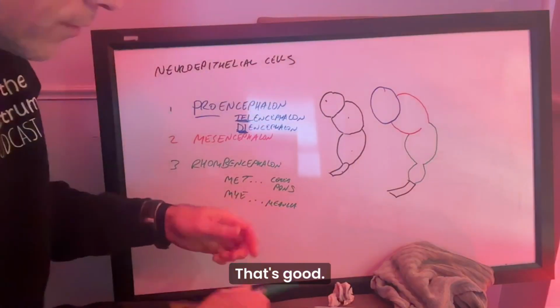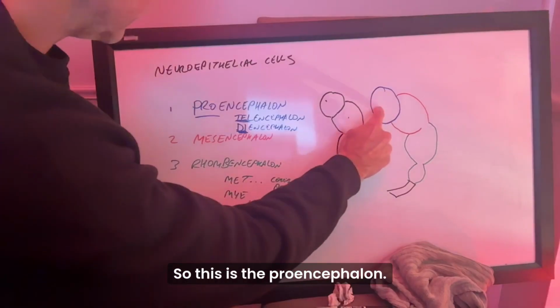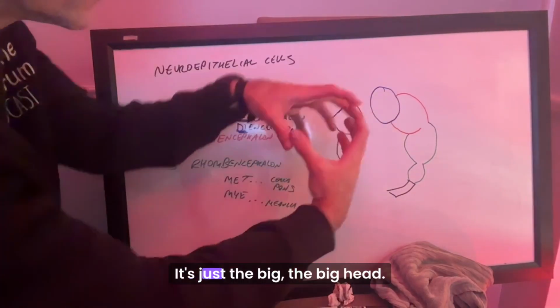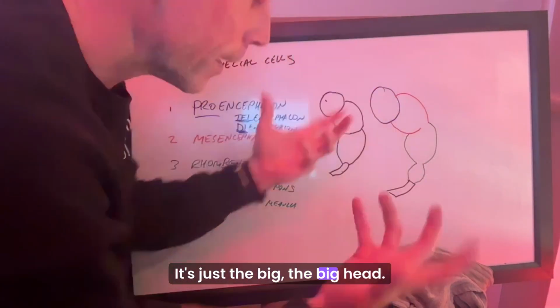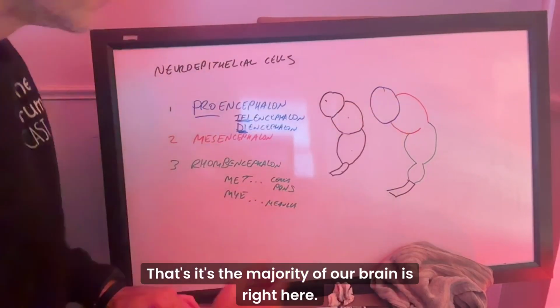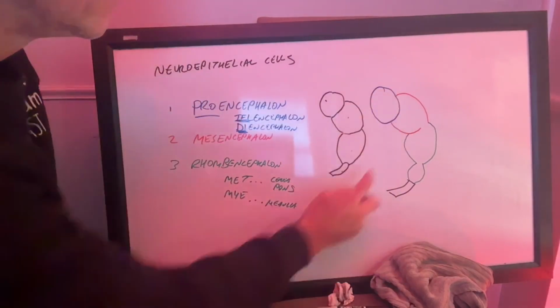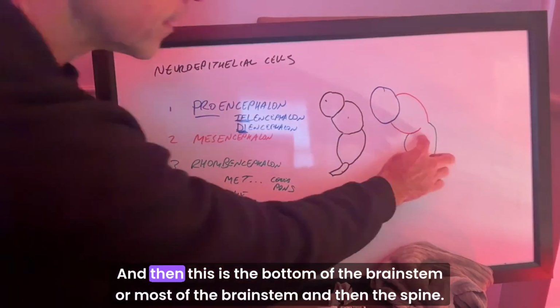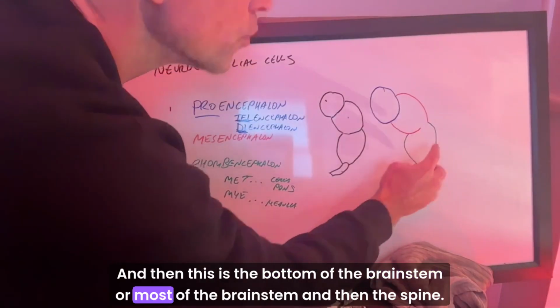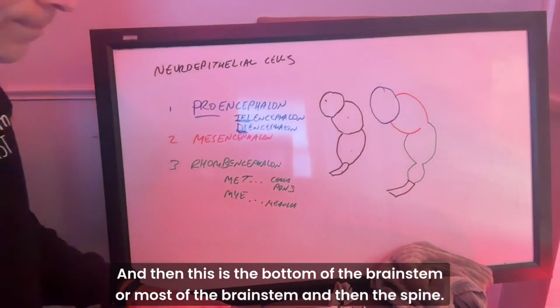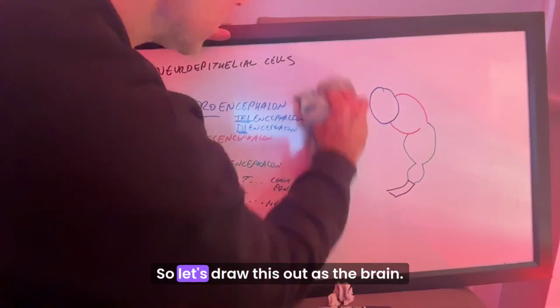So this is the proencephalon, it's just the big head. The majority of our brain is right here. This is the smallest part, and then this is the bottom of the brainstem, or most of the brainstem, and then the spine.